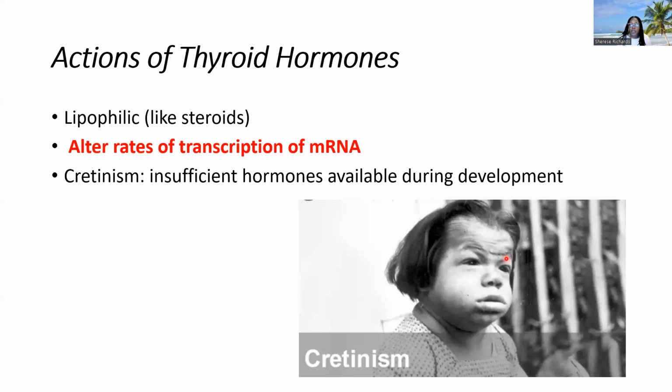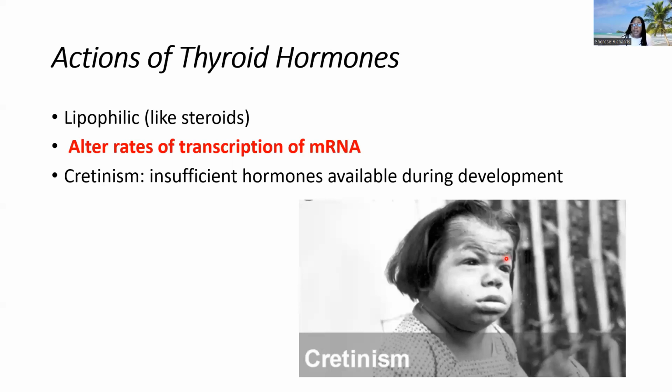And then we can also think about cretinism. Cretinism is a clinical condition. It's a disease seen in infancy where there's insufficient hormones available during development. So if, for example, we have insufficient thyroid hormone during pregnancy, right?